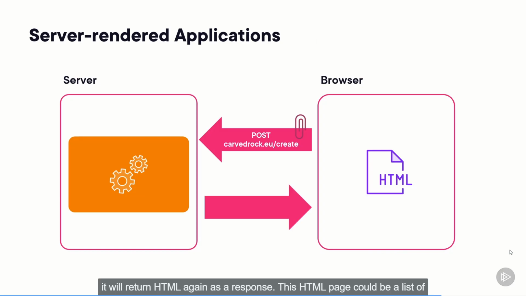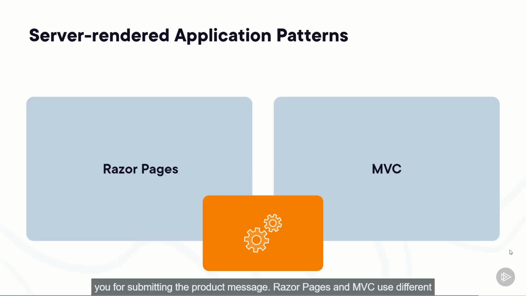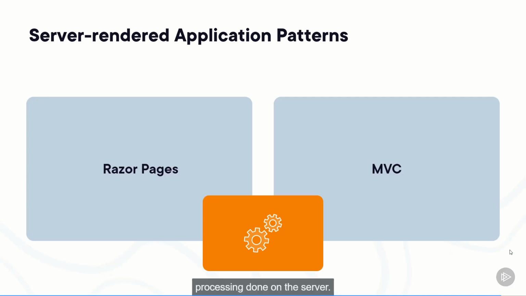This HTML page could be a list of products, showing the newly added product, or something that shows a thank you for submitting the product message. Razor Pages and MVC use different application patterns, two different ways to organize the code around the processing done on the server. Let me show you what I mean by looking at Razor Pages first.